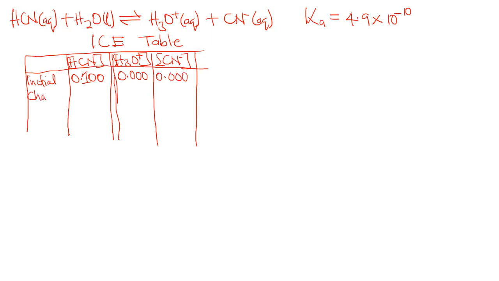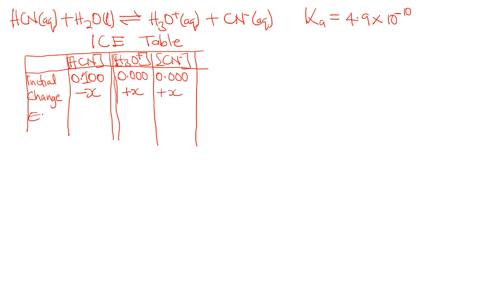So what is our change? The HCN is losing its concentration to form the hydronium ion. So this one will change by a minus X, while this one changes by plus X, and this one also changes by plus X.